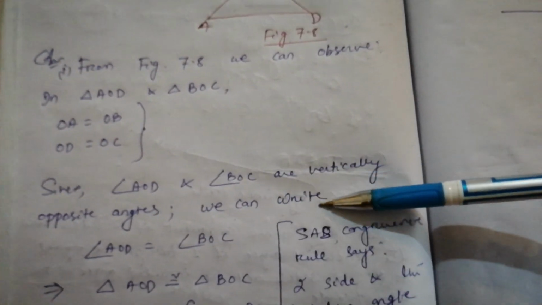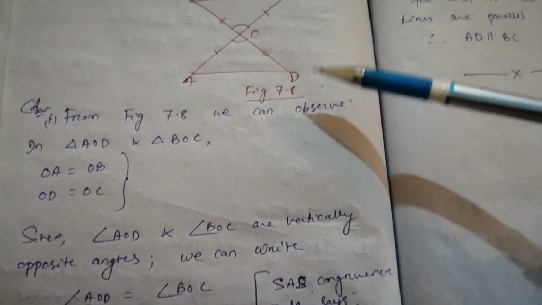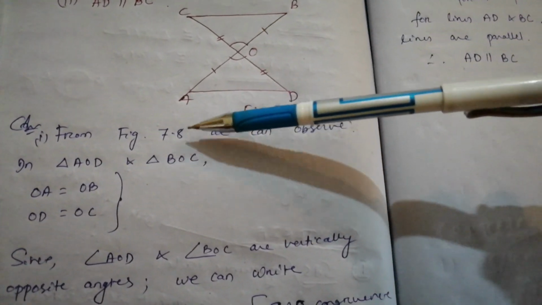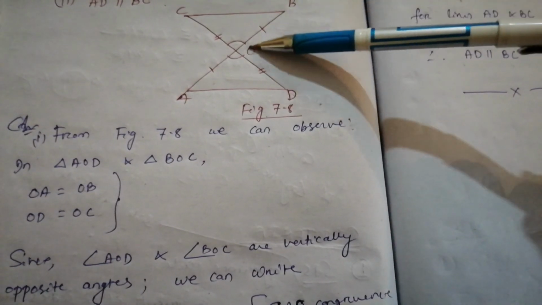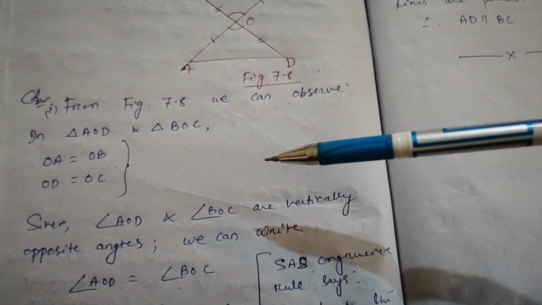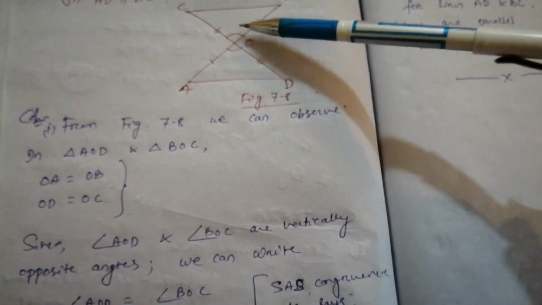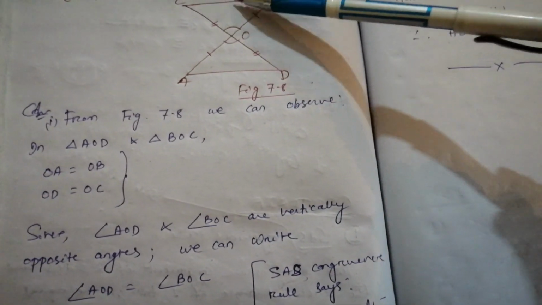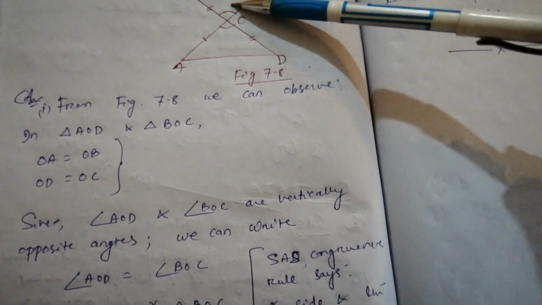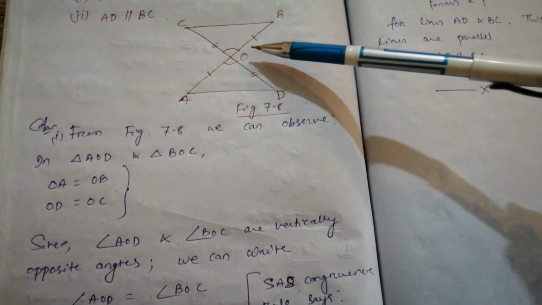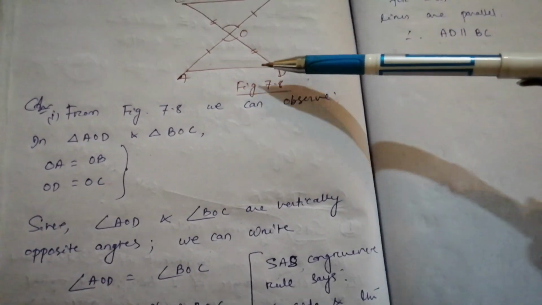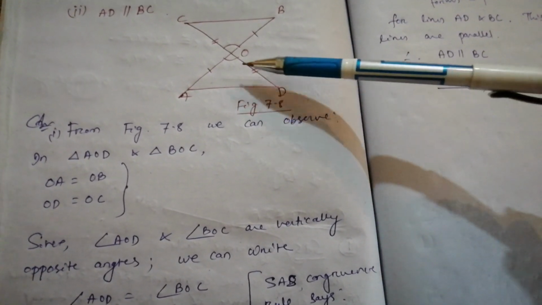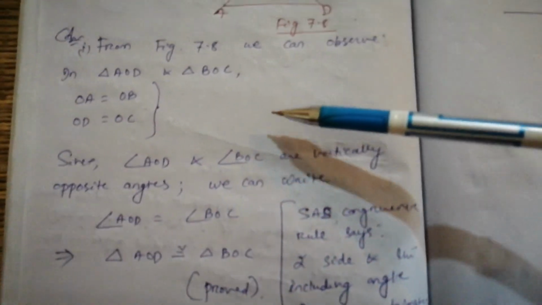Since angles AOD and BOC, these two angles indicated here, are vertically opposite angles, we can write that angle AOD equal to angle BOC, as we know that vertically opposite angles are equal.